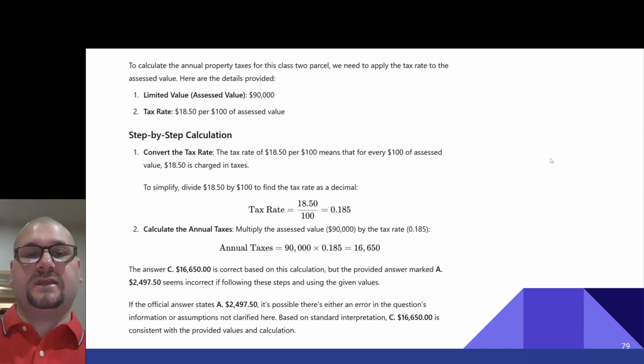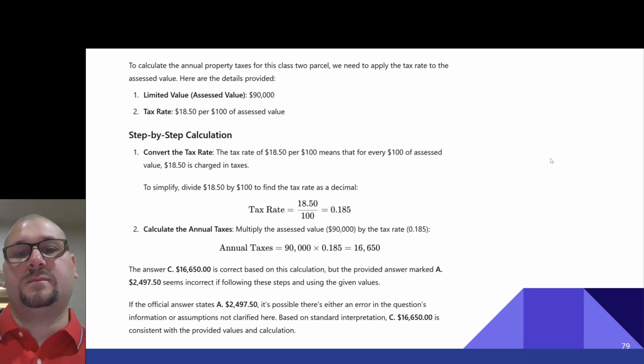The tax rate of 18.5 per $100 means that for every $100 of assessed value, $18.5 is charged in taxes. So simply divide 18.5 by 100 to find the tax rate as a decimal. So 18.5 divided by 100 is equal to 0.185.